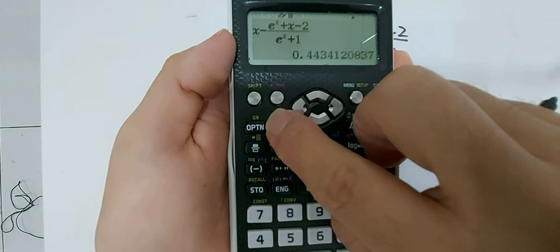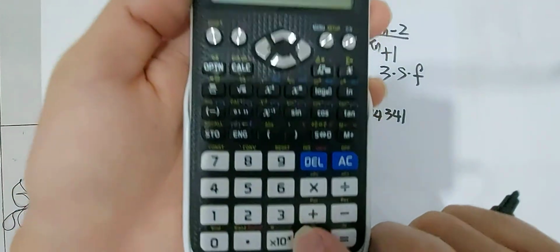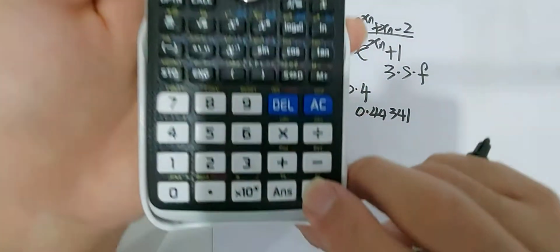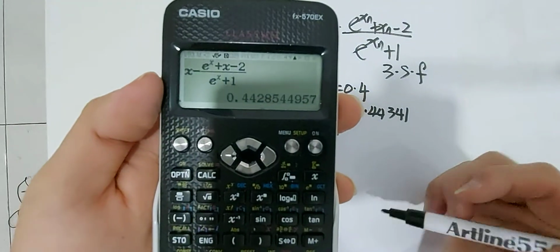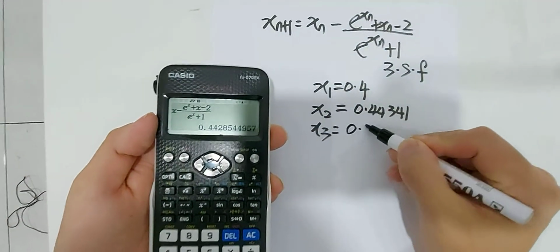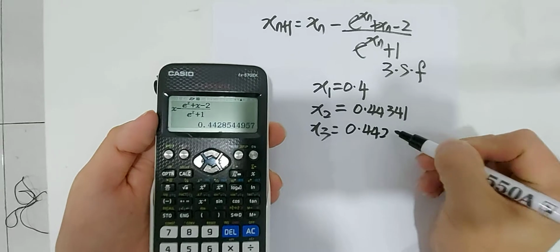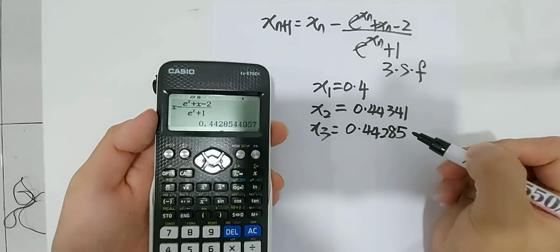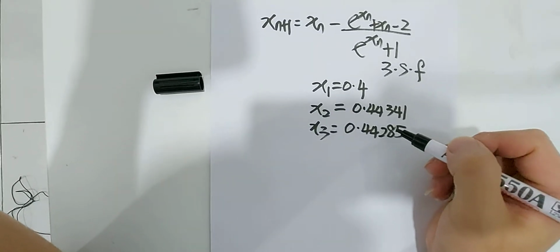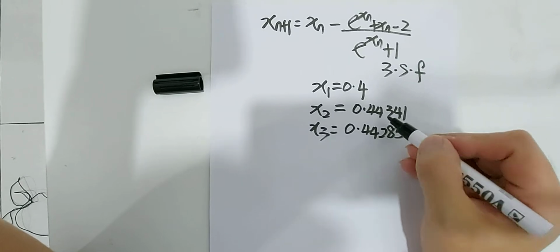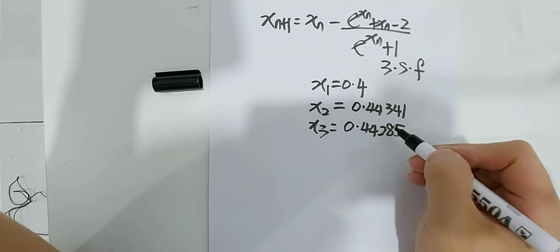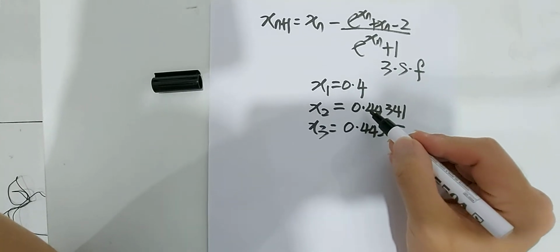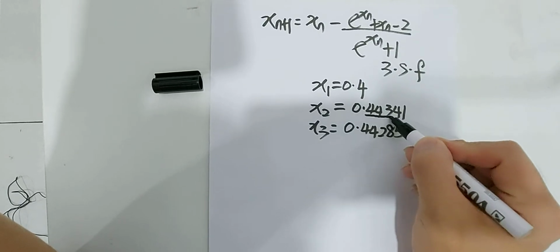Calculate the answer, then press equal, double equal. So we are getting 0.444285. It's still not the same, but let's see. I think it's already the same because they want 3 significant figures.